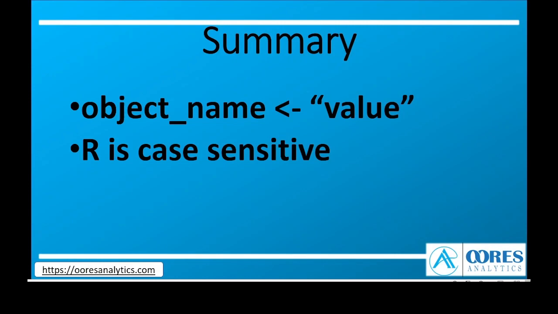Your object names cannot start with numbers and should not start with names of existing functions. We learned that R is case sensitive, and that while spaces don't matter in most cases, you want to keep in mind that uppercase letters are not the same as lowercase letters.